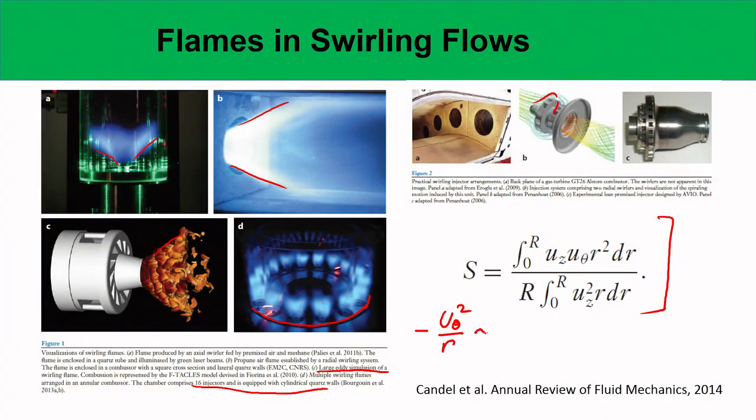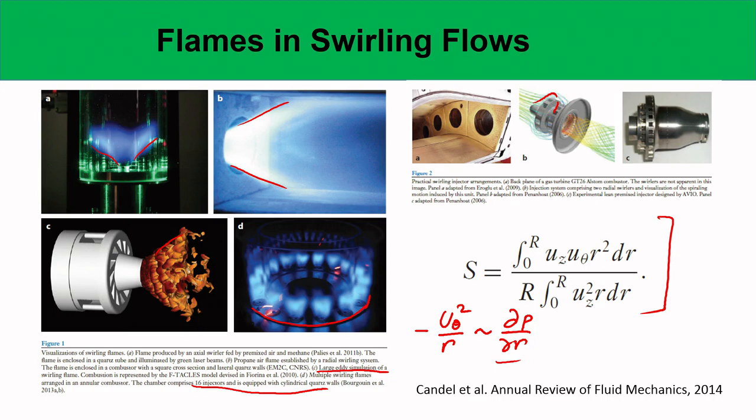It's a complicated fluid mechanical phenomenon, but if you write down the Navier-Stokes equation, it essentially comes down to u_theta squared by r scaling as dp/dr. When u_theta squared by r is large, an inward pressure gradient develops, and it is like a balance of centrifugal force with the acceleration. Then this dp/dr essentially causes the flow to recirculate.